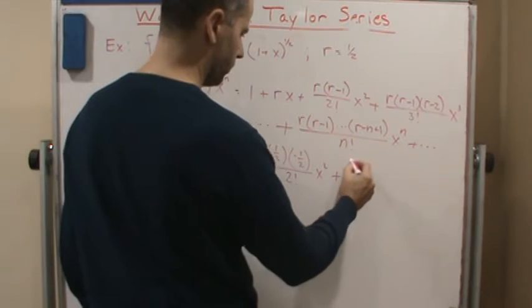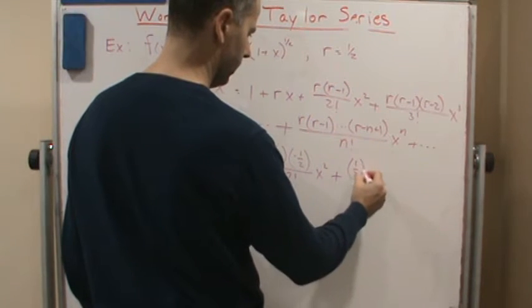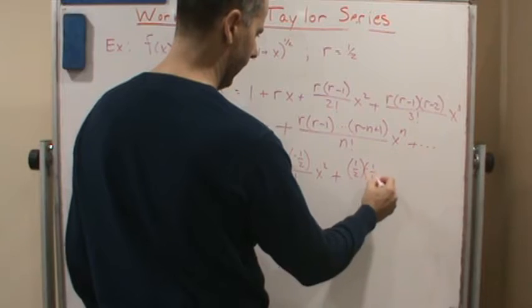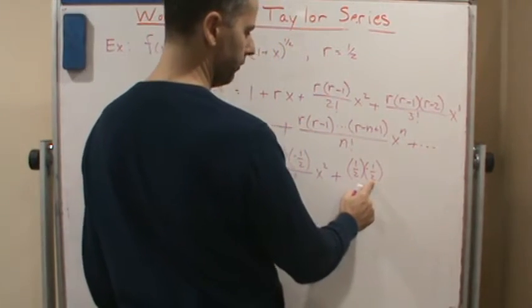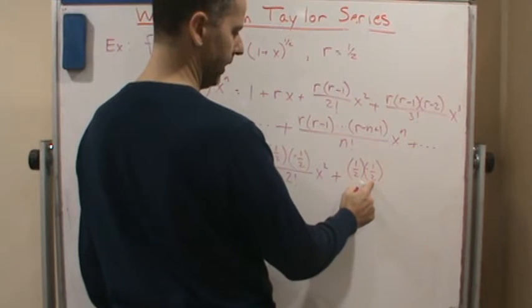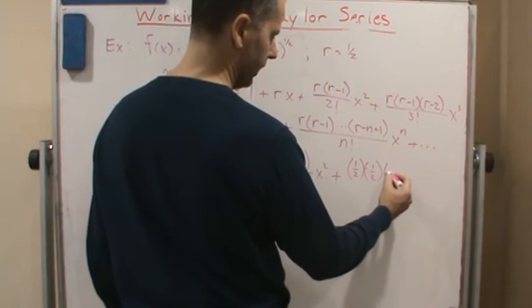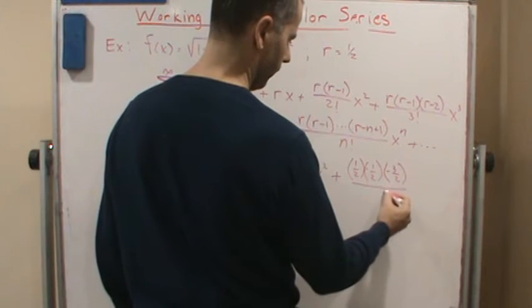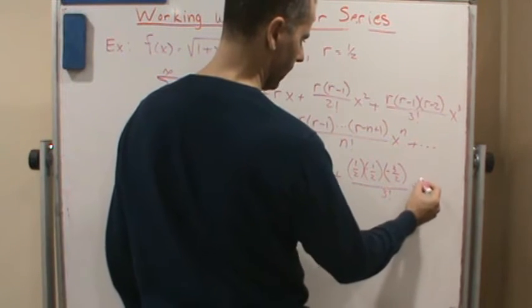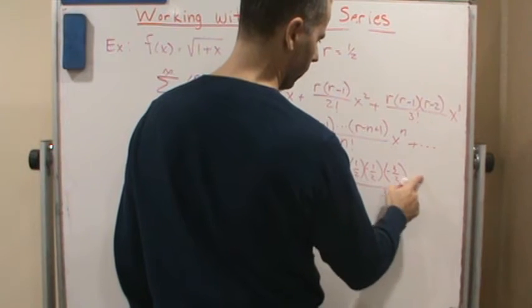And then the next one is going to be 1/2 times -1/2, and then for r minus 2 we subtract 1 again, so we get -3/2 over 3 factorial times x to the third.